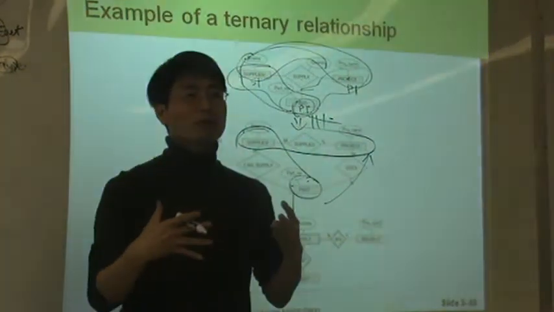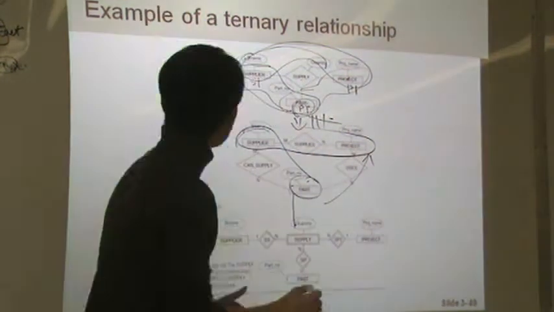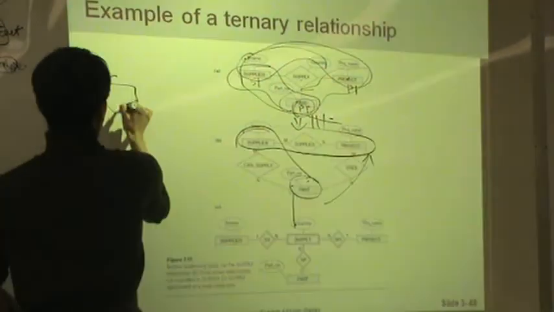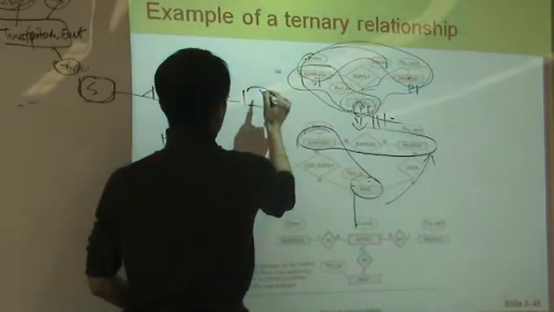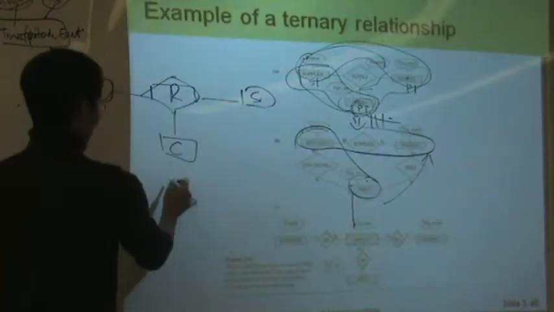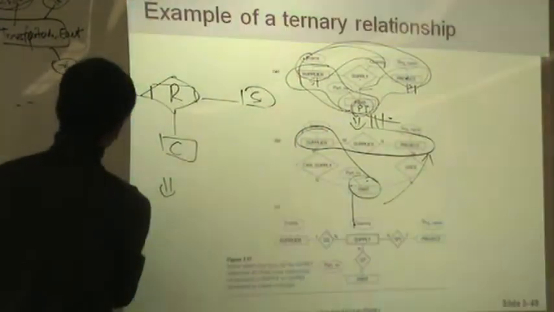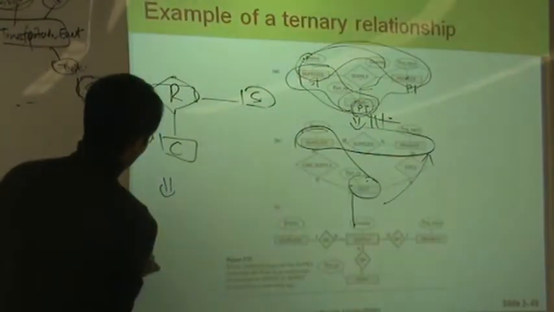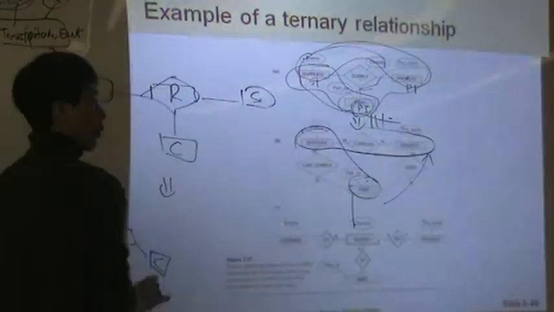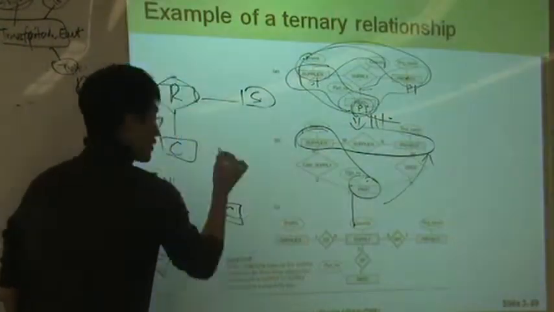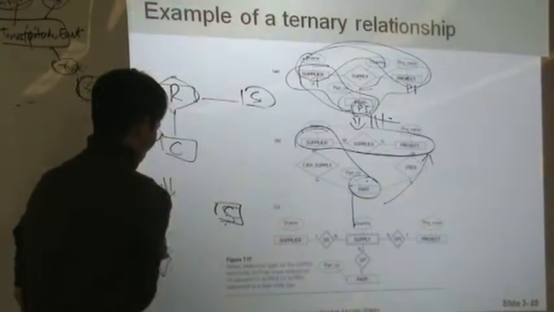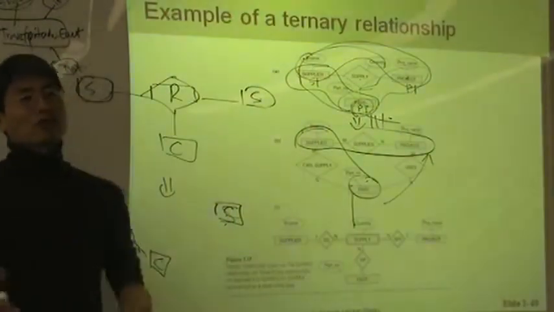That is the same problem with the registration. If we convert registration into student, course and semester, and a student registers the course without information about the semester. This is the semester I'd like to register.